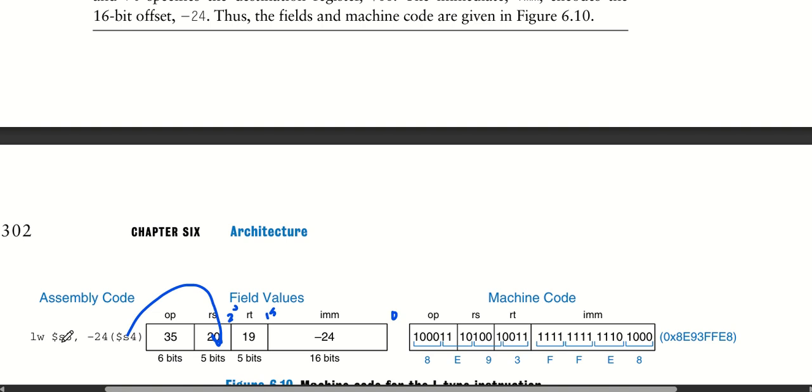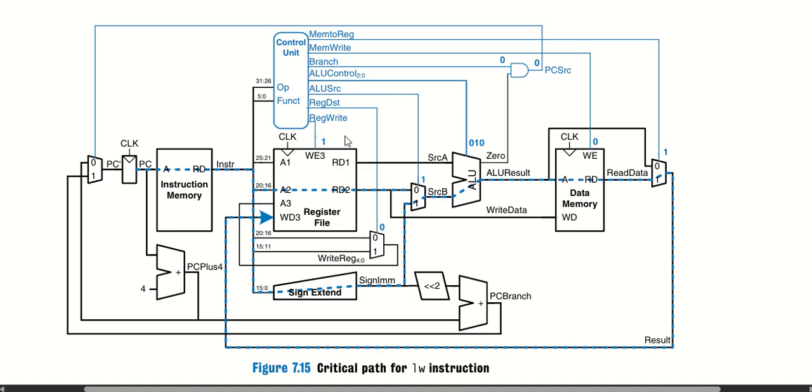For load word. And the RT is the one storing the destination address. And the immediate field is the one storing the what? The offset.